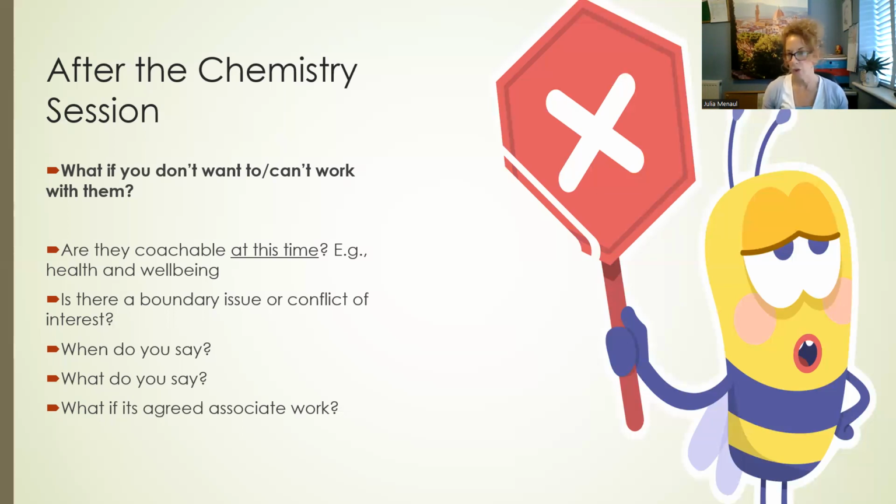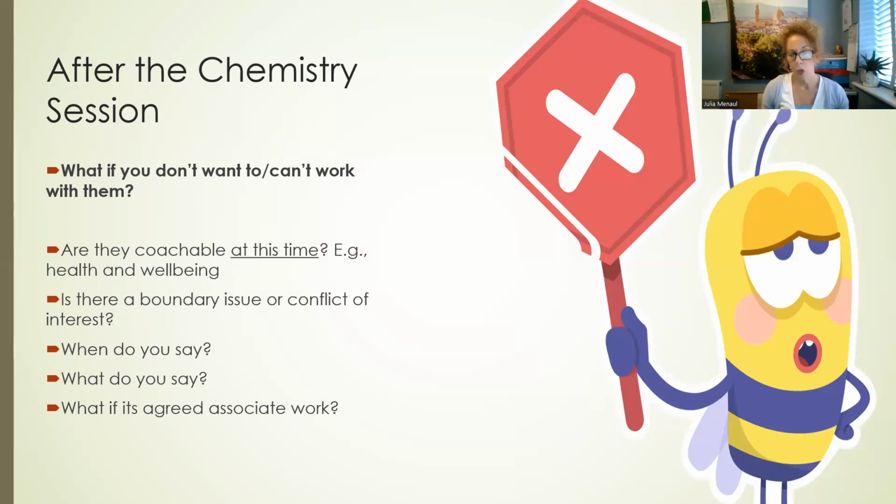They could have just, the husband's only left them last week, or they've recently had quite a serious bereavement. There could be all sorts of things going on in the background that means that they wouldn't be in the right place to have coaching. So that might be something to talk about.